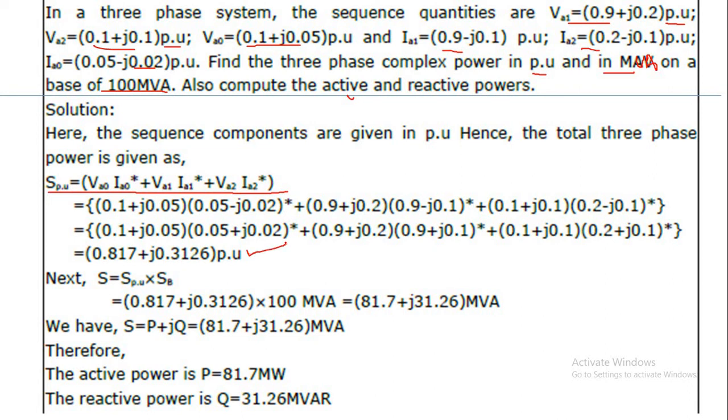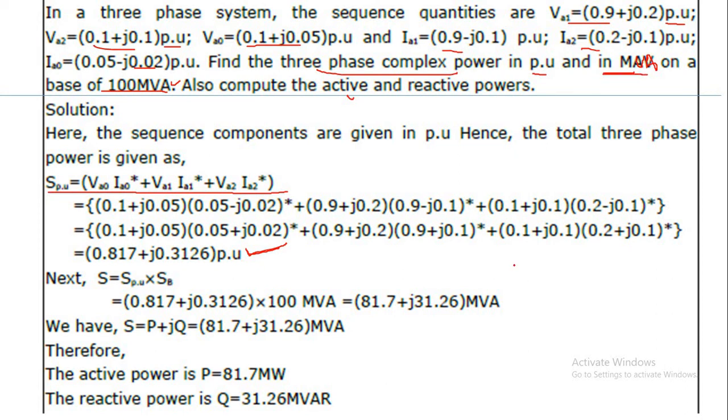Okay, then the base value given is 100 MVA. So you have to write the base value they have given, the per unit value you have calculated, and also the base values are given. They asked you to calculate three-phase complex power in per unit. We calculated in terms of MVA, which is nothing but the actual value.